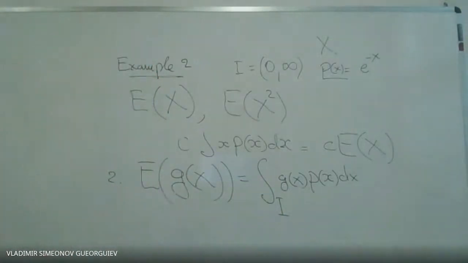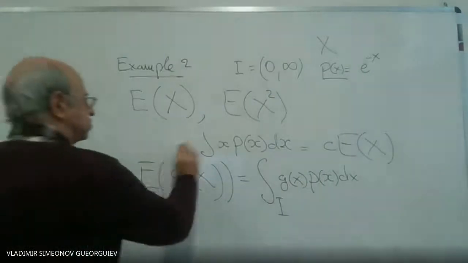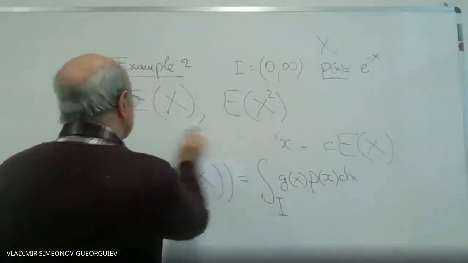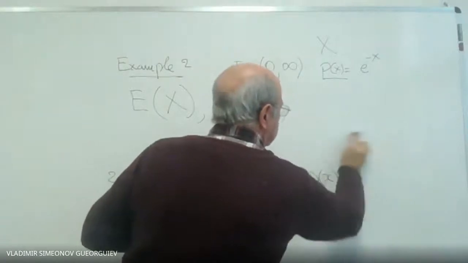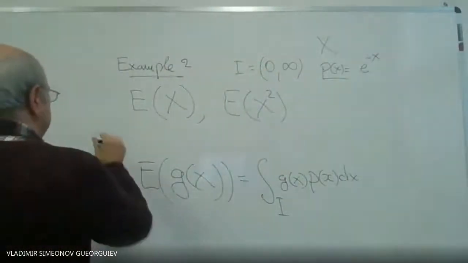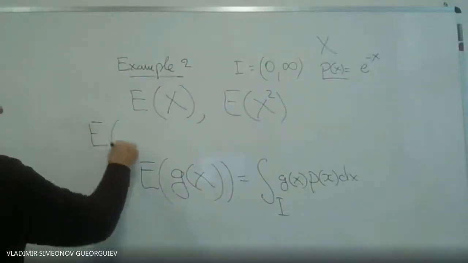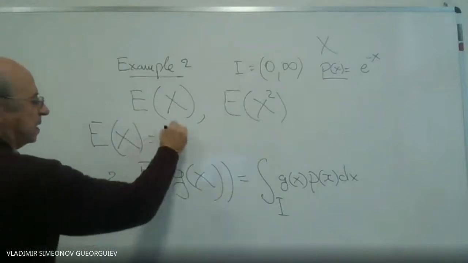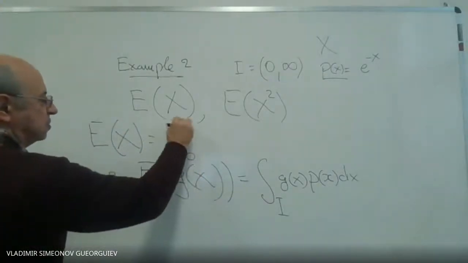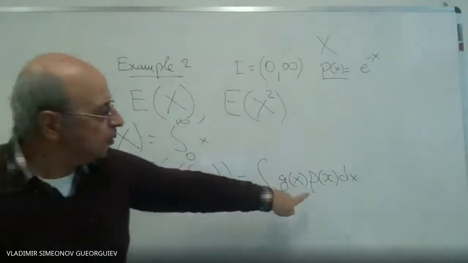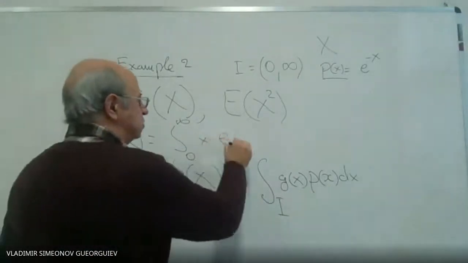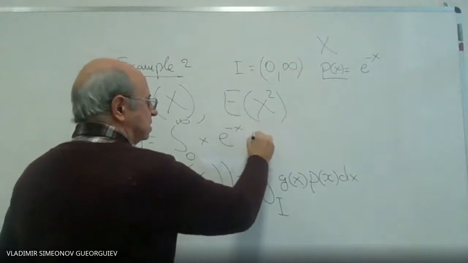So, in order to compute our first integral, the expectation of x, we have to compute the integral from 0 to infinity of x e to the power minus x dx.